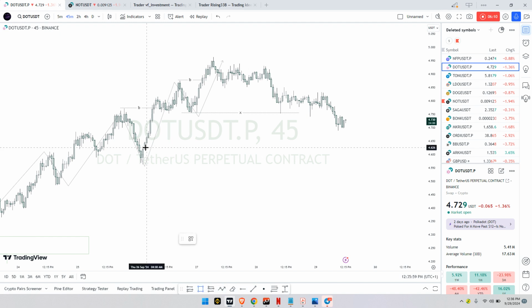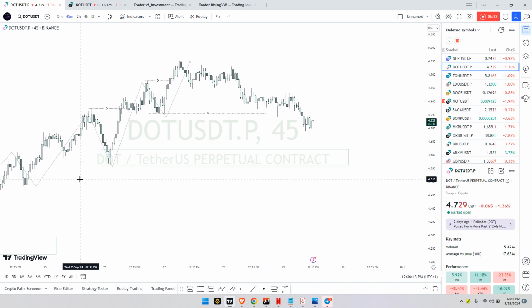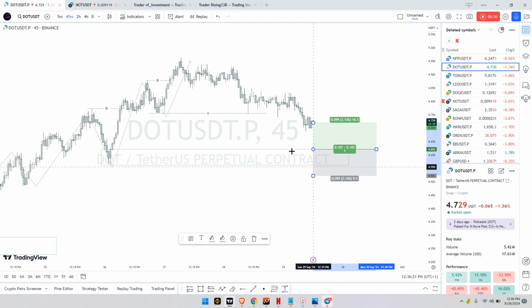So I'm going to mark it out from body to wick. From body to wick. The top of the body is going to be my entry, and then the last side of the wick is going to be my stop loss. So I'm going to put this on my position, my entry here at the top of my order block.